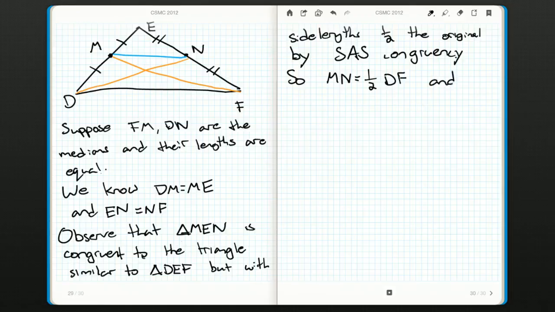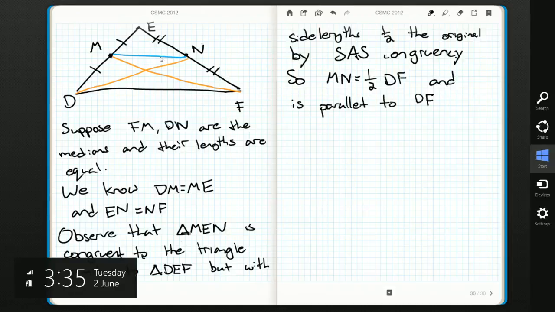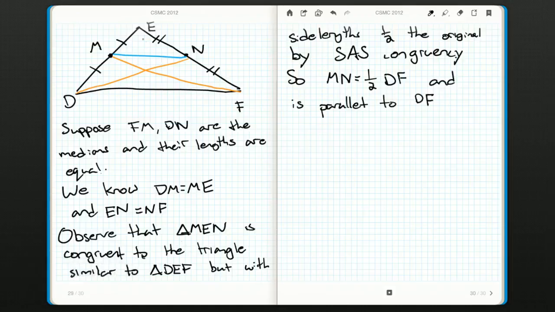it's also parallel to DF. Why? Well, this guy in here, this smaller triangle, we can say that that angle is alpha, that angle is beta, and this angle here is gamma.